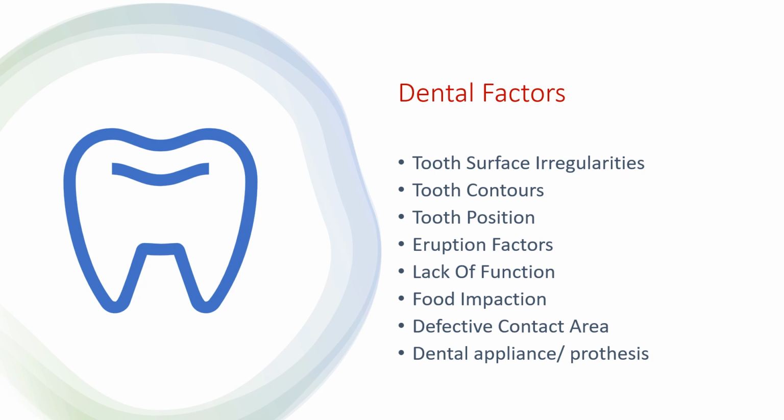Things such as an open bite can affect the natural cleansing as well. Food impaction and effective contact areas can increase biofilm retention. Dental appliances and prosthesis can cause retentive areas, especially around the clasp.